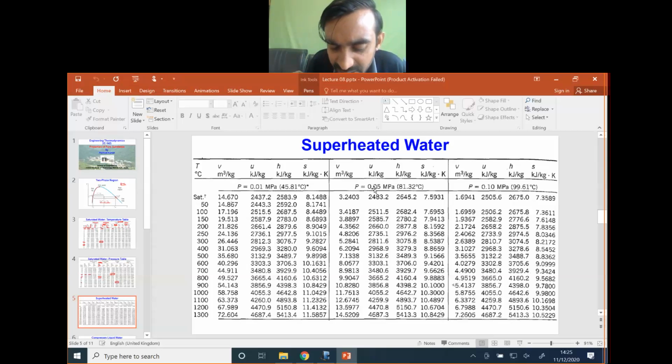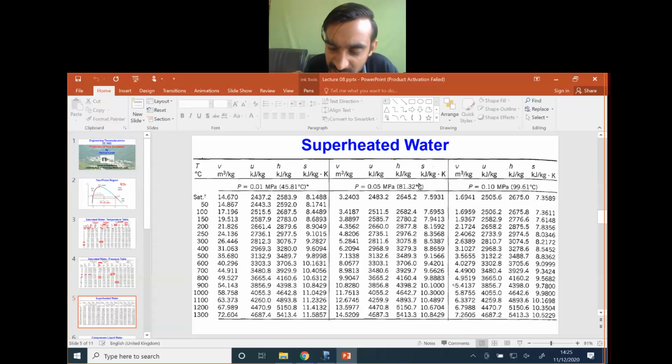Now if you see the pressure table corresponding to 0.05 megapascal, our saturation temperature is 81.32. Corresponding to a temperature of 50 degrees Celsius nothing is given. Why?